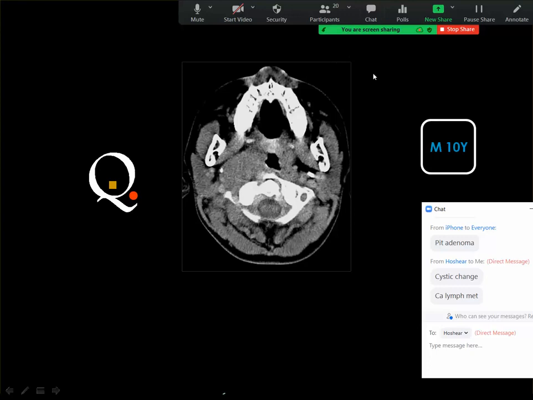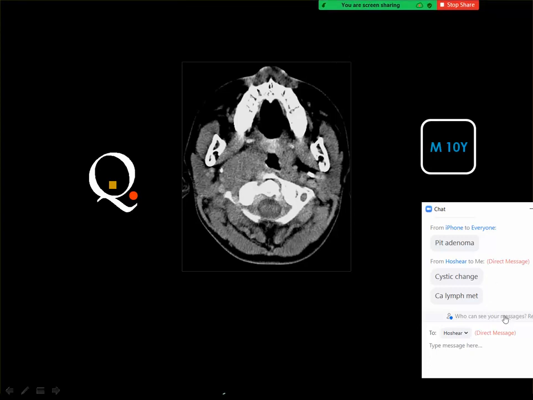When someone answered that it is carcinoma lymph metastasis, I got your message, and then this is not an angiofibroma. An angiofibroma should be in the nasopharynx, and this is maybe a rhabdomyosarcoma.